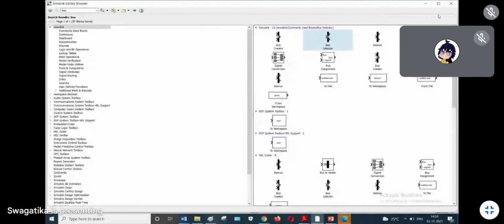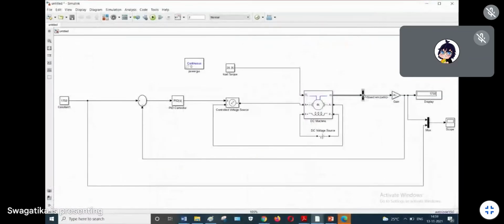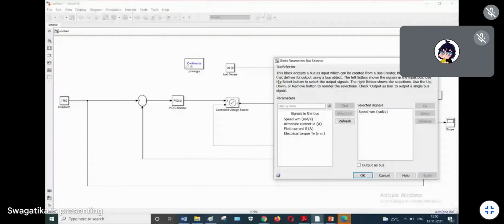Add one bus selector. After adding the bus selector, okay.